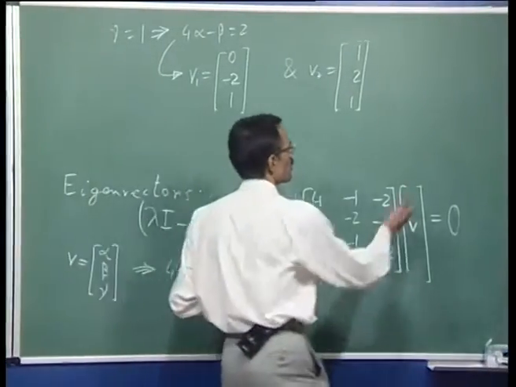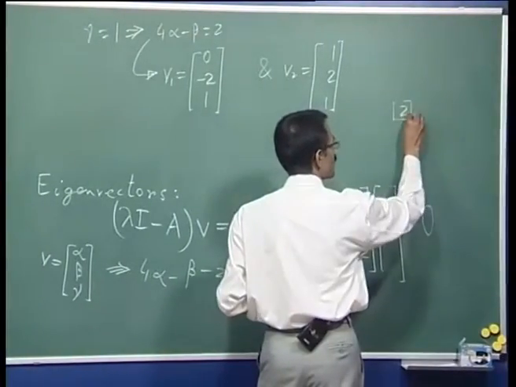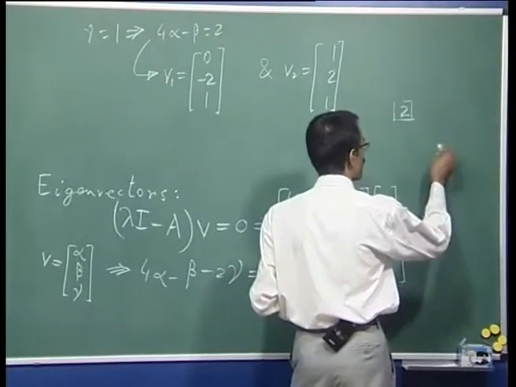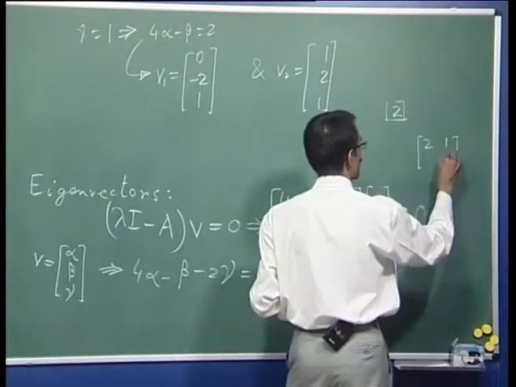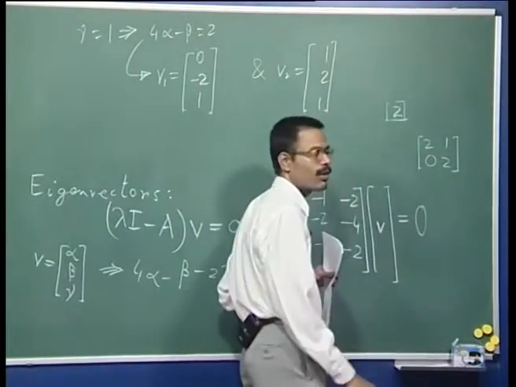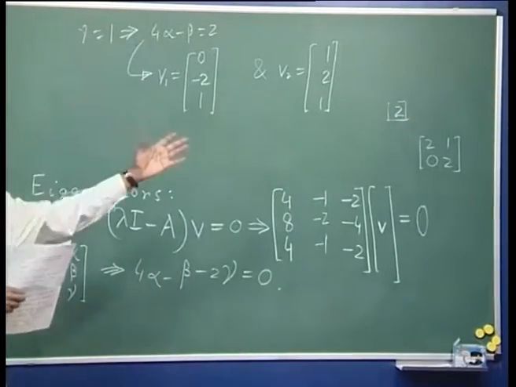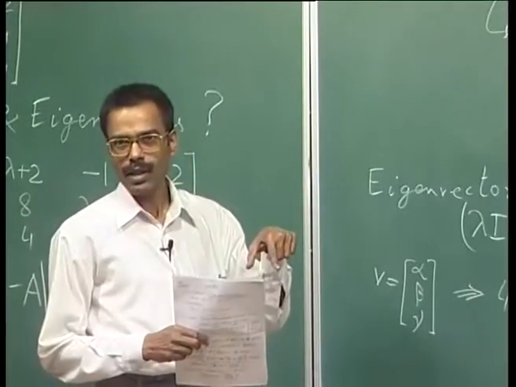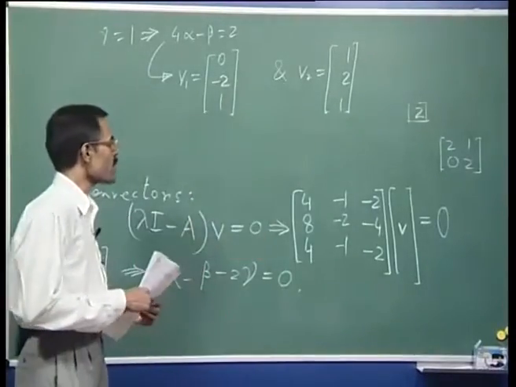One Jordan block will be a 1 by 1 Jordan block which will have only 2, the eigenvalue, and the other Jordan block will be a 2 by 2 Jordan block of this kind. Okay. Now, in order to get up to that Jordan block, we will need to find out a generalized eigenvector apart from these 2 eigenvectors, right.